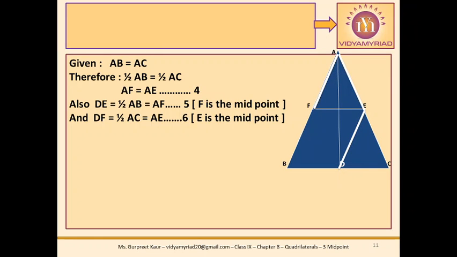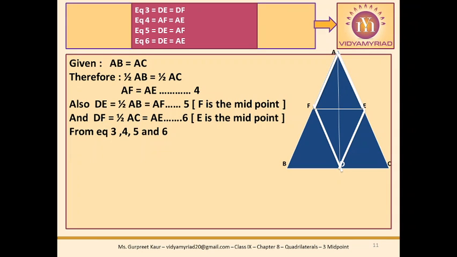Now what will happen is, from equations 3, 4, 5 and 6, what are the equations? Equation number 3 was saying that DE is equal to DF. Equation 4 is AF is equal to AE. 5 is DE is equal to AF. And 6 is DF is equal to AE. Seeing that, we can say that DF is equal to FA is equal to AE is equal to ED.